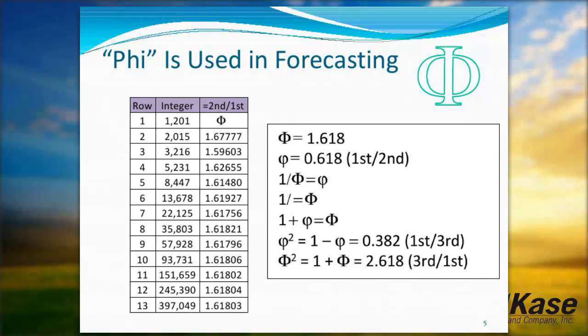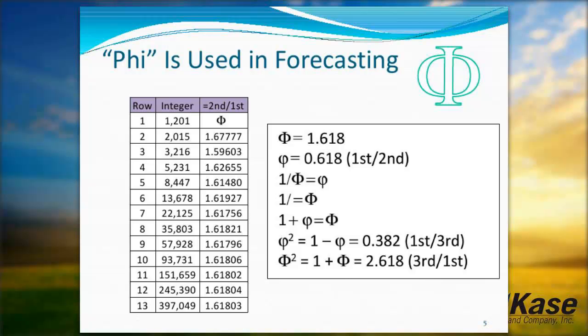So for instance here we have 2 random integers that Cynthia and I in another course we were teaching had put together. We have 1201 and 2015. So 1201, 2015. We add those 2 together, that makes 3,216. You add 3,216 to 2015, that's 5,231, and so on and so forth.